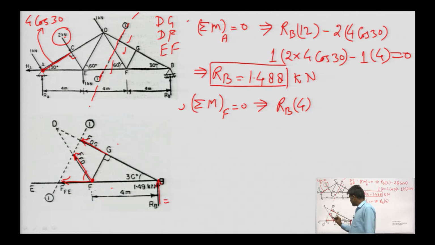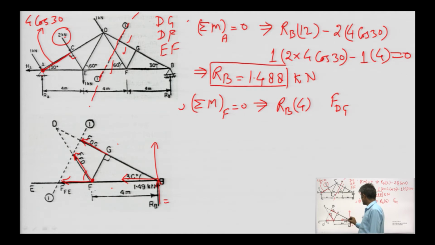At point F, since these two forces are acting, the perpendicular distance is 0 for both, so only this one force FDG will be taken here. This force has to be resolved in this direction.